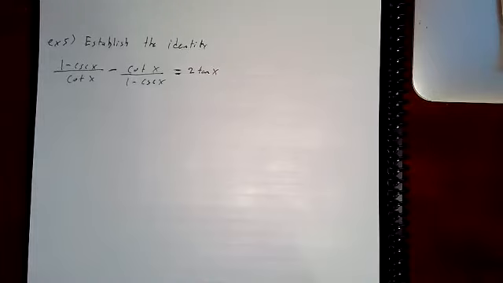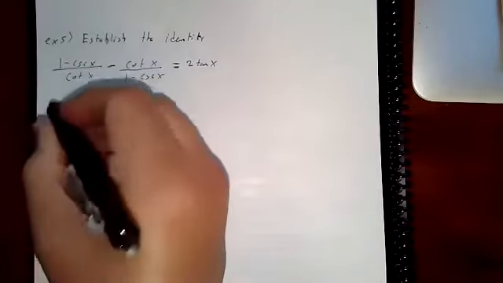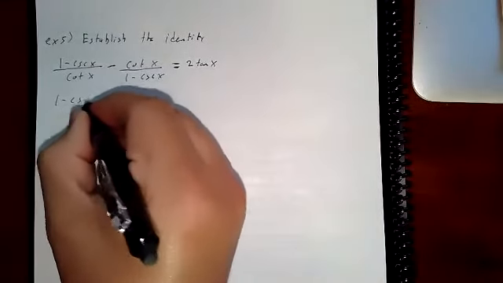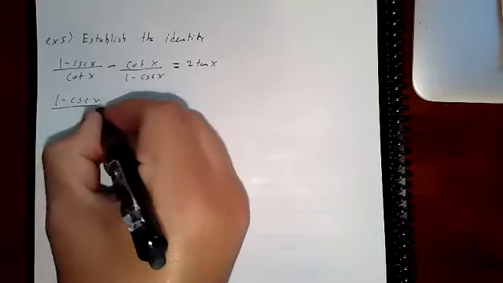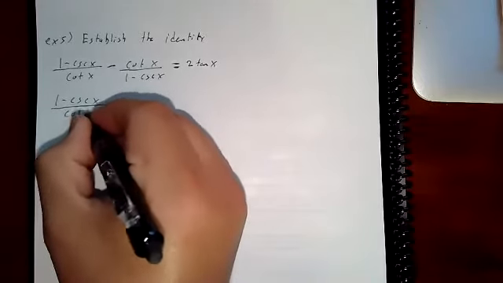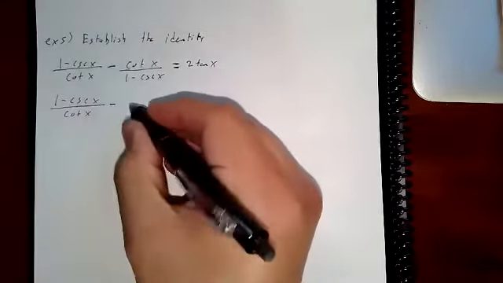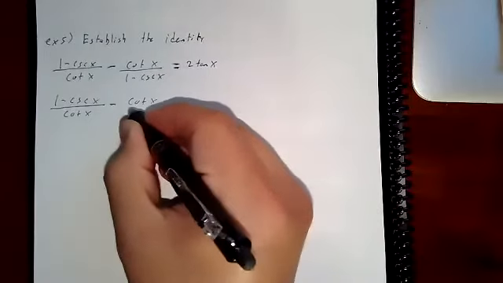So right now it looks complicated. So just think about it. First thing is I see 2 fractions, so I should probably add them together. So I'm going to pick the left-hand side and go from there to figure out how to add them.